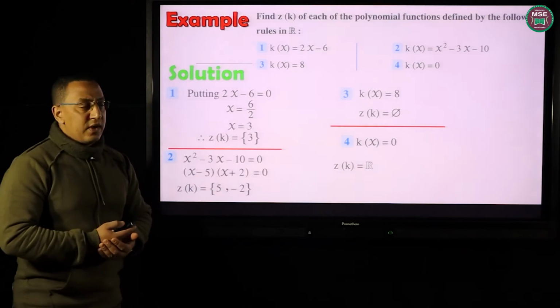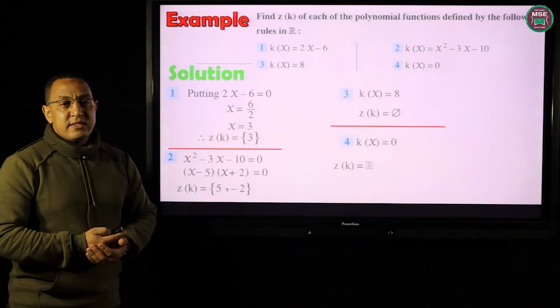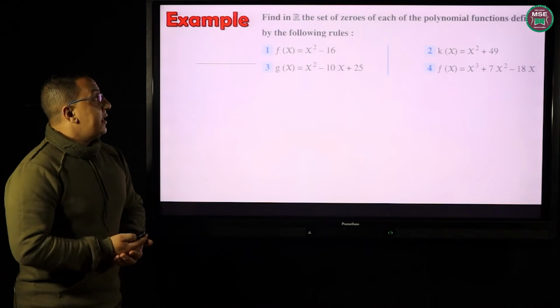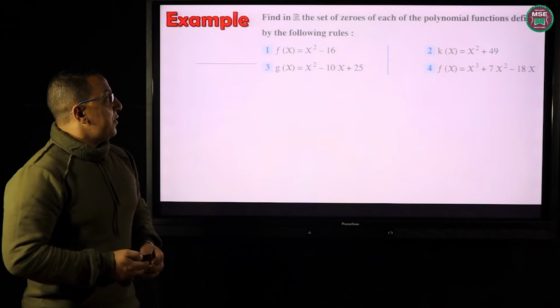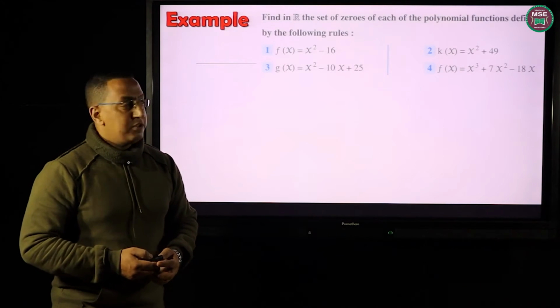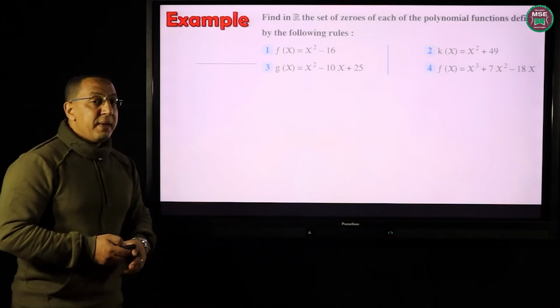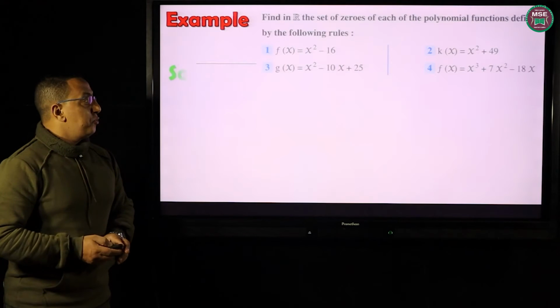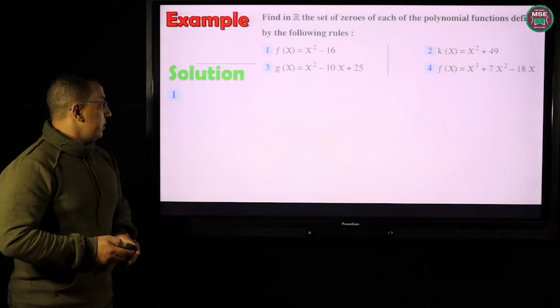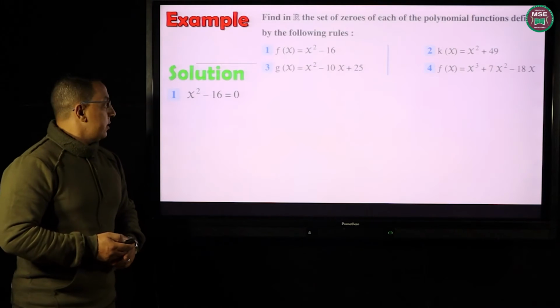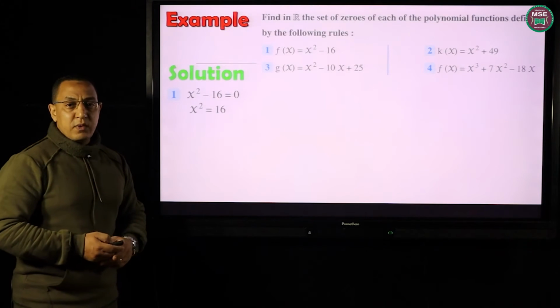Now let's solve another example for finding the set of zeros of the function. Find the set of zeros of each of the following polynomial functions. The first one, x power of 2 minus 16, make it equal 0. I'm going to send 16 to the right side, so x power of 2 equals 16.